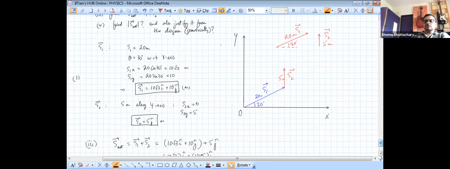This is the second part. Geometrical diagram for it. You find this in the first chapter.